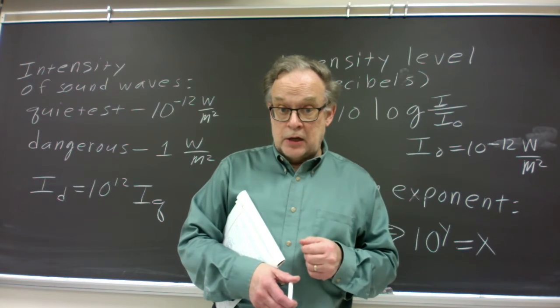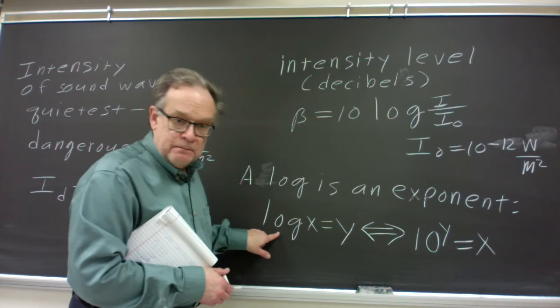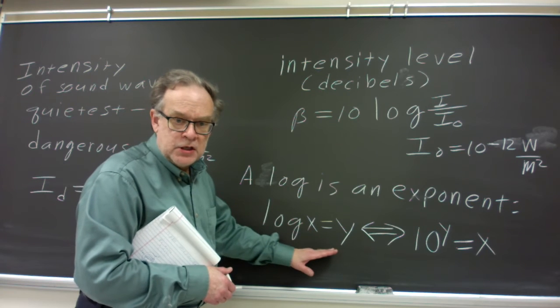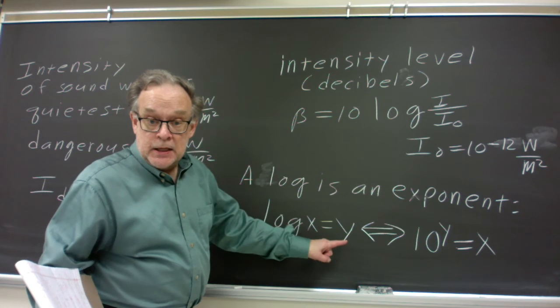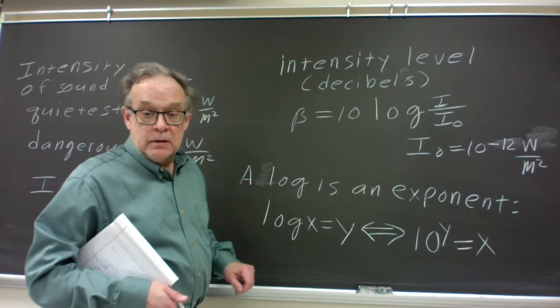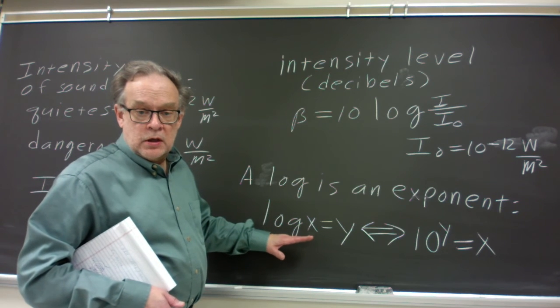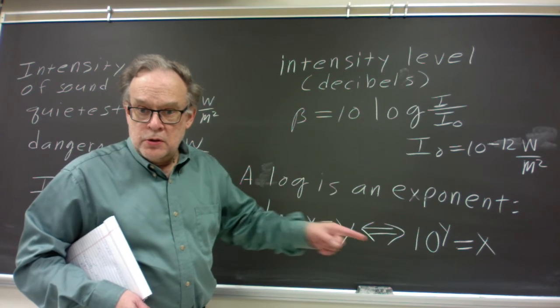So, a little more detail, what kind of an exponent? Well, imagine that you're taking the log of some number, log of x. Well, this being a log, it's an exponent, and then we give the name y to that exponent. In particular, the log of some number is an exponent.